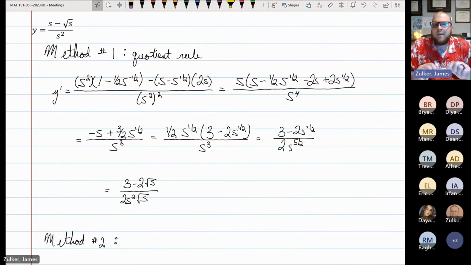Look at the denominator. Isn't that a monomial? It's a single term, isn't it?